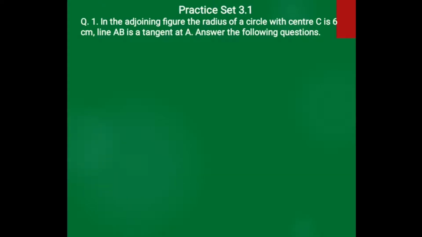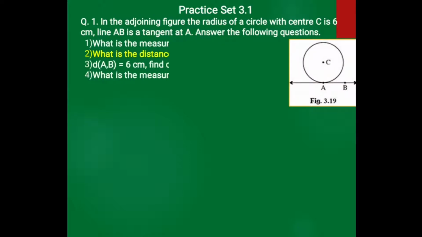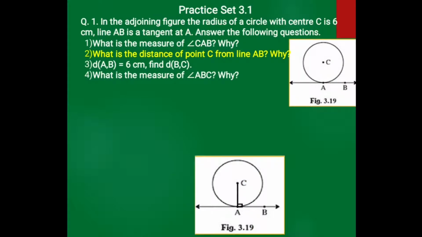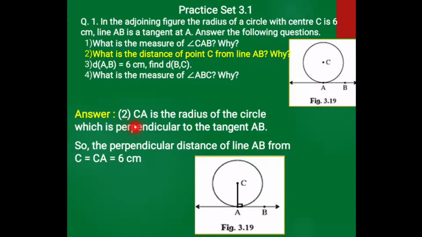So we write the answer of the second: CA is the radius of the circle which is perpendicular to the tangent AB. So the perpendicular distance of line AB from C equals CA equals 6 centimeters. That is, the perpendicular distance of the center from a tangent is always its radius.